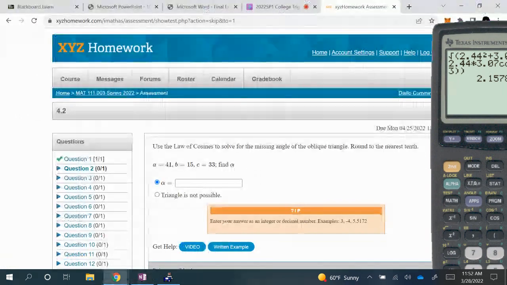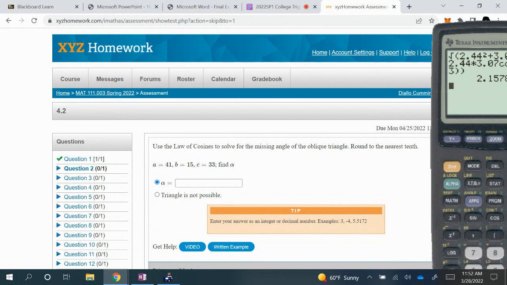If I were to go back, let me just double check. Okay, A is 41, B is 15, C is 33. Here again, we're given 2 options. And I'm sorry, we're given A, B, and C. My eyes are bad.